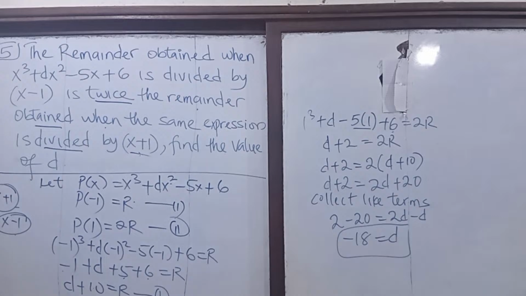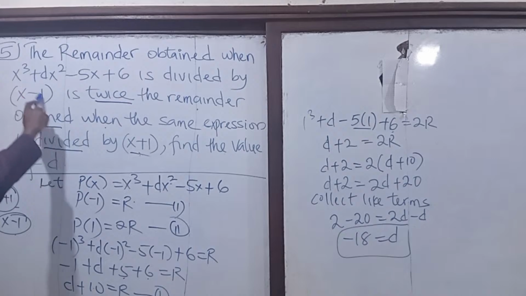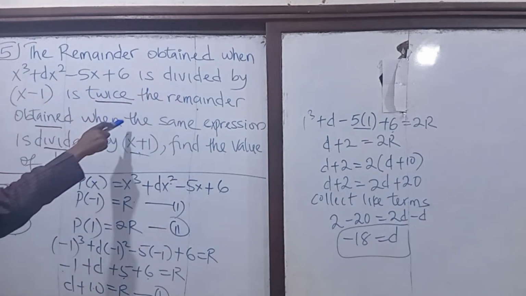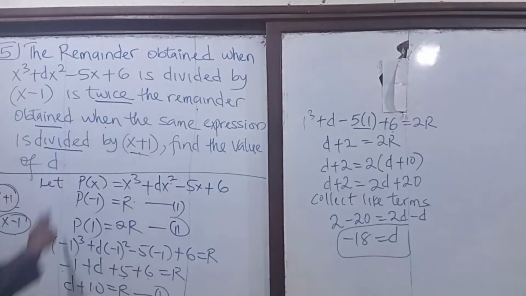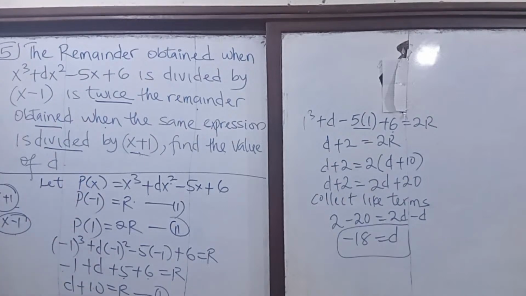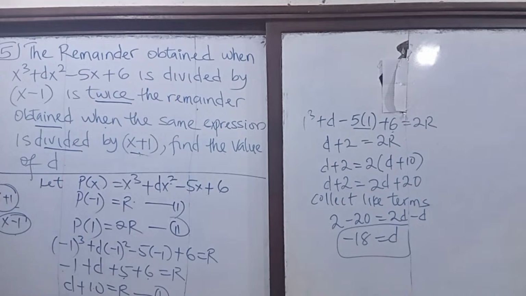What we did in this case, for those that are just coming in: the remainder obtained when this polynomial is divided by x plus 1 is twice the remainder obtained when the same expression is divided by x minus 1. So we call the polynomial p of x. For x plus 1, we get the root, which is minus 1, so anywhere you see x, you place minus 1.